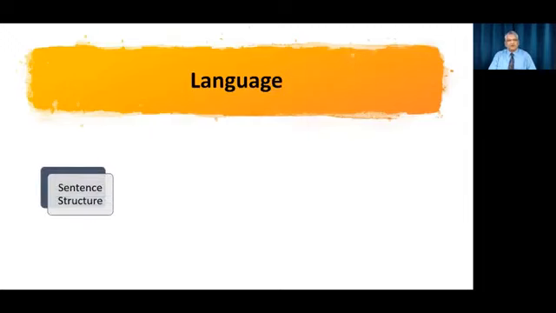The sentence structure: how good a command does the candidate have on the sentence structure, on variety of sentence structures, not just one type. What type of vocabulary is the candidate using?